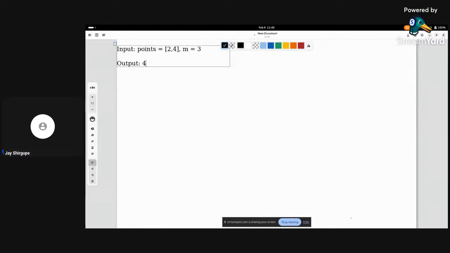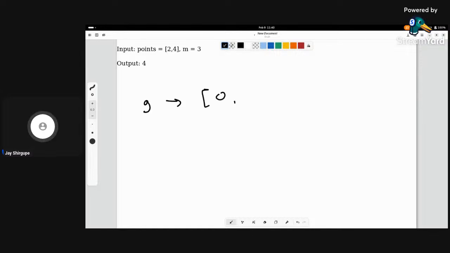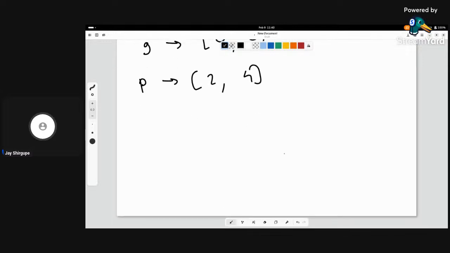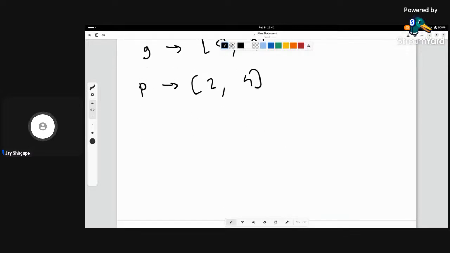So we look at this. Initially the game scores would be both 0 0, and our points array was given to be 2 and 4. The number of moves that we could make was 3. So according to the question, you started at i equal to -1.